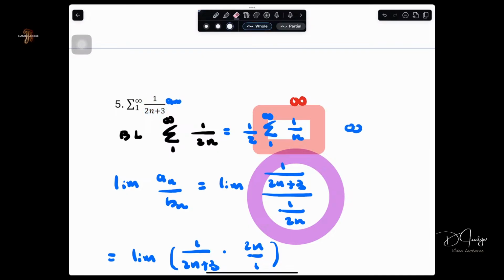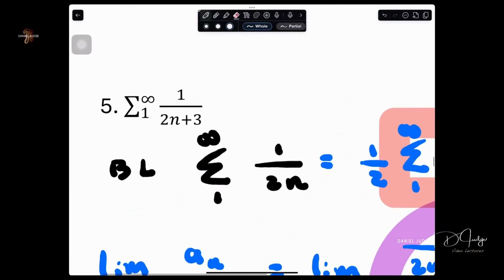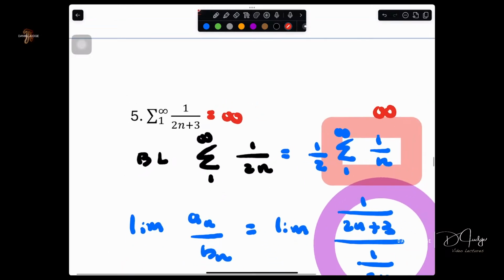So that means both of the series diverge. So we're going to say this equals infinity, which means diverges. I want to say it diverges by the limit comparison test now. So this is how we look at this particular problem, number 5.